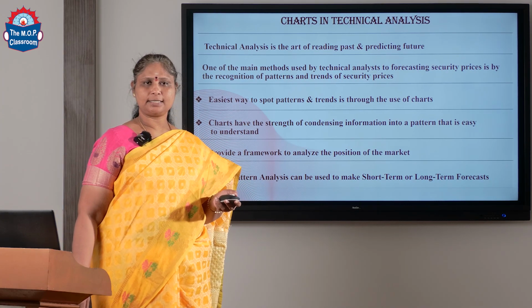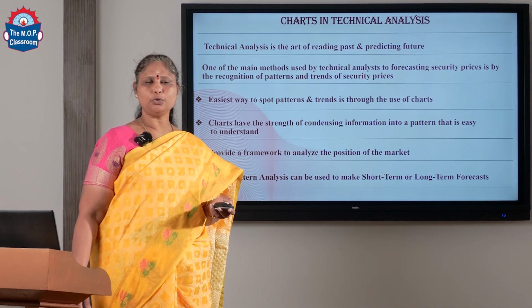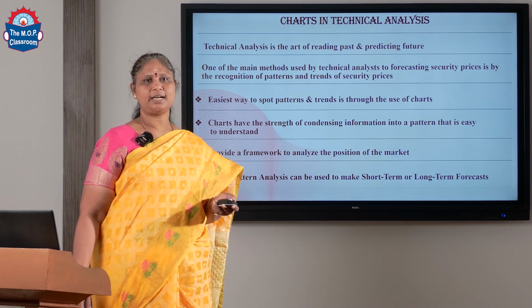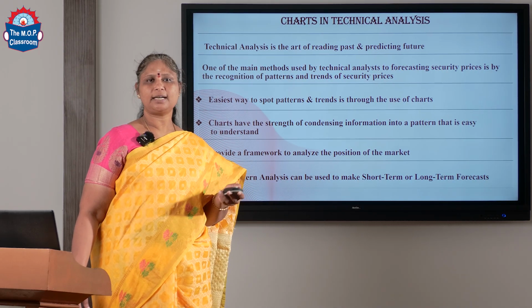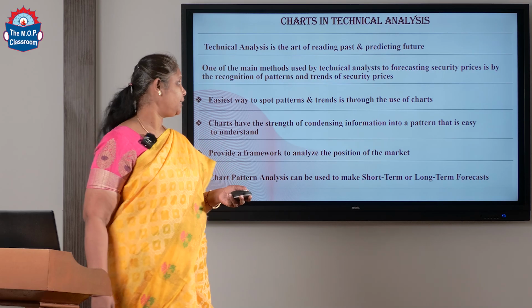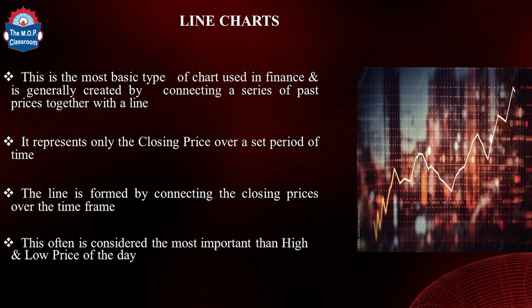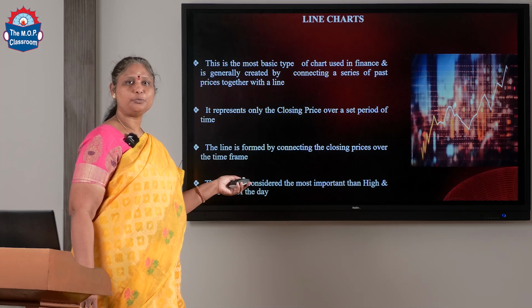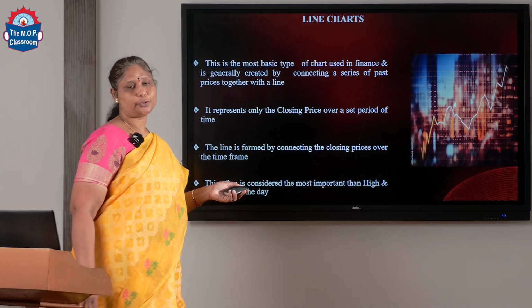So line charts. What are line charts? Line charts are the most commonly used and the simplest form of charts used in finance. They are constructed taking into consideration the closing price of the securities over a period of time. It takes into consideration only the closing price because closing prices are considered to be more important compared to the open and the high prices of a particular day.